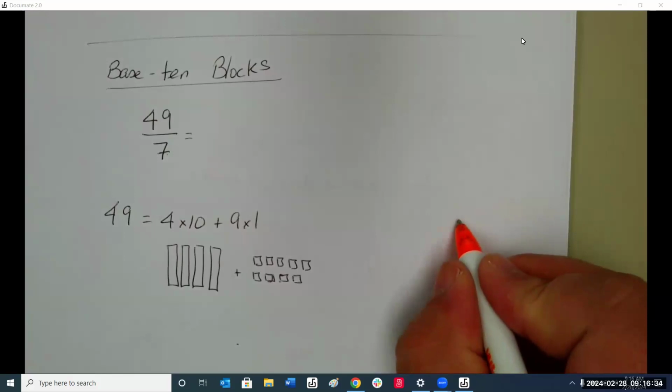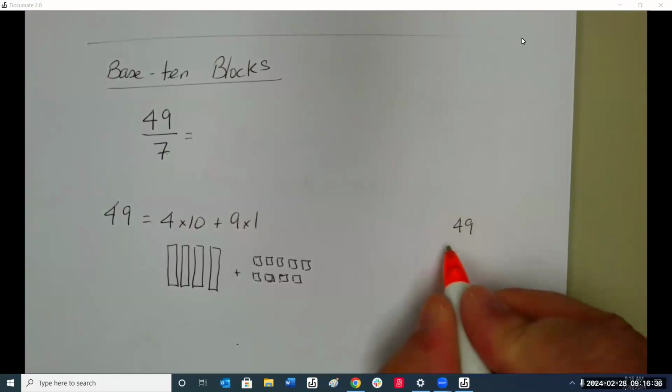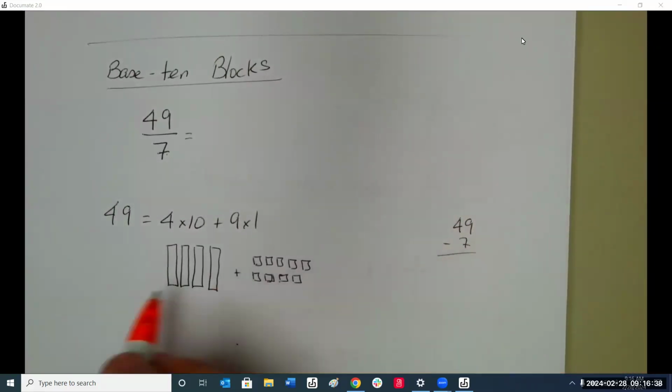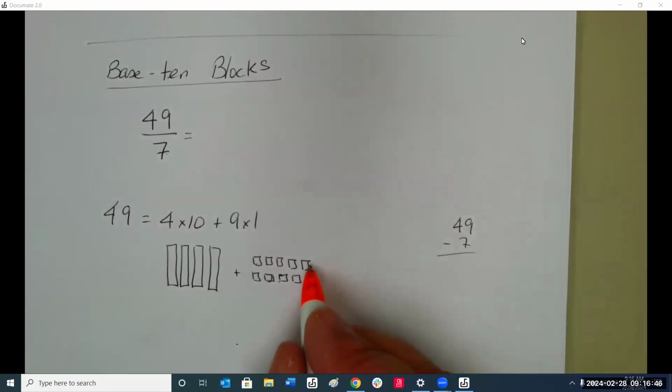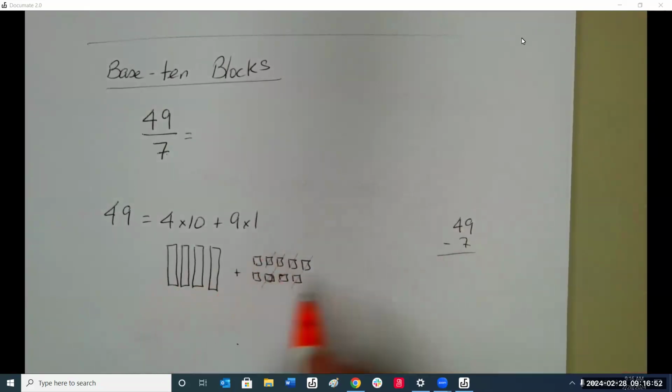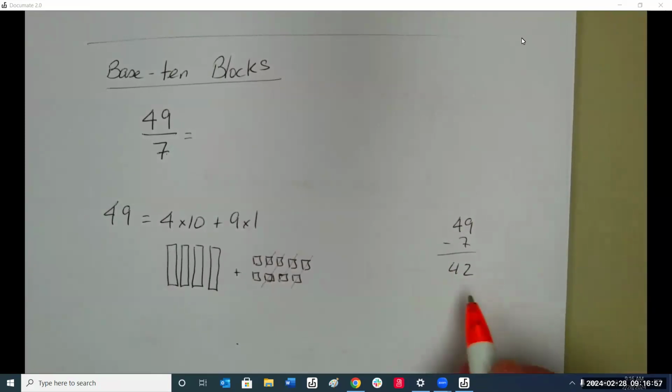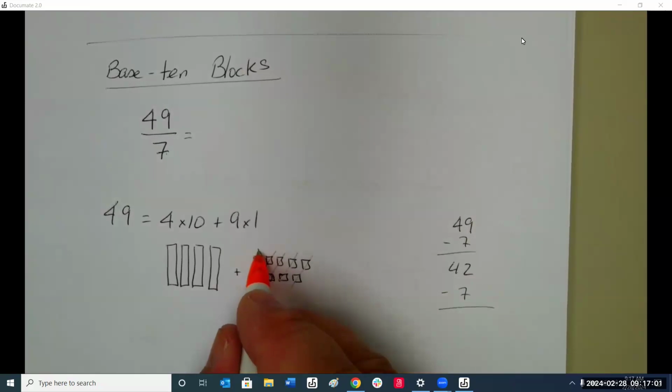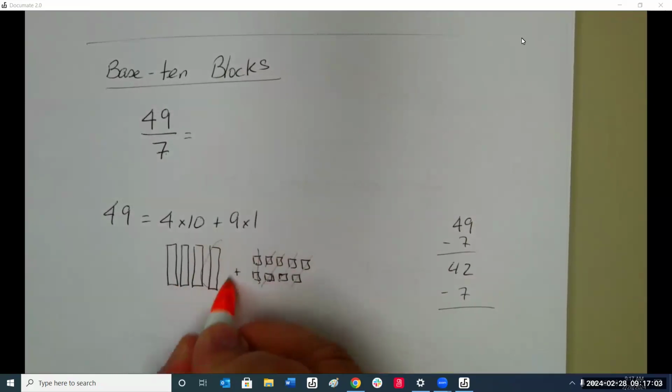So we have 49 minus 7. So we would take these and take away 7 blocks each time. So we took away 2, 4, 6, 7. That leaves us with 42. Take away 7 again. So 1, 2. Now we have to break this one down.